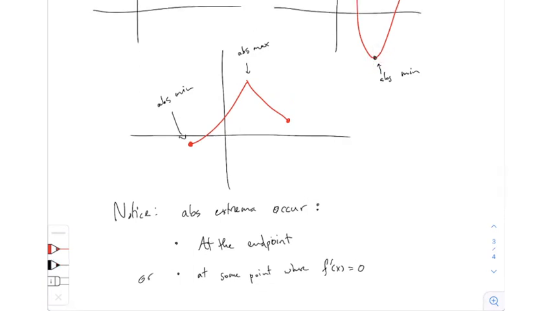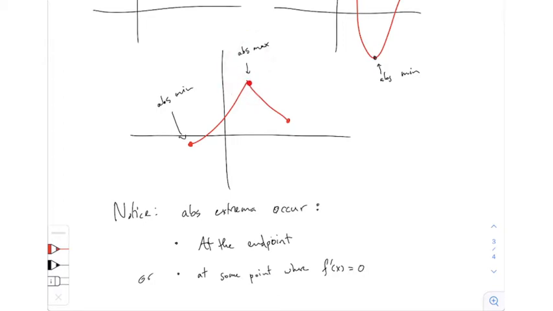Or actually there's a third option. Can anybody say? There's actually one other case here in which the absolute maximum occurred at some other point that was not an endpoint and also not where the derivative was 0. Yeah, like right here.